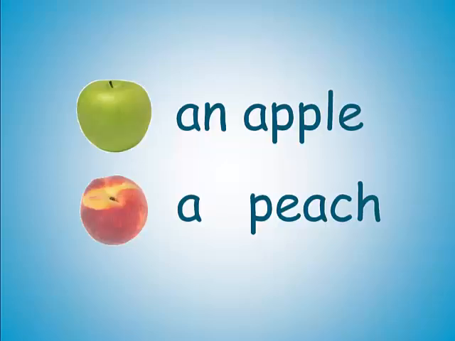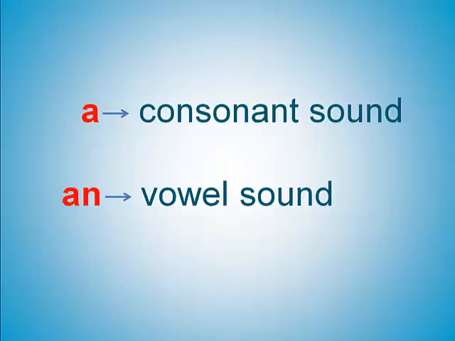For example, we say an apple or a peach. But why do we use an with apple and a with peach? We use a when the next word starts with a consonant sound, and an when the next word starts with a vowel sound.